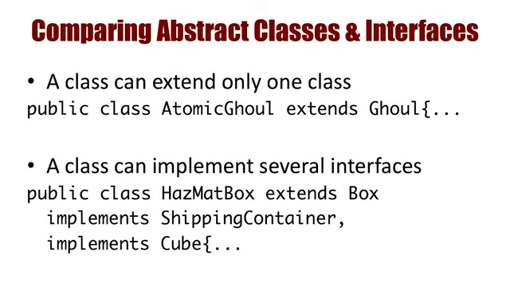Moreover, in releases of Java prior to version 8, methods in an interface cannot be implemented. Another difference between a class and an interface is that a class can only extend one class, whether or not it is abstract. Conversely, a class can implement any number of interfaces.